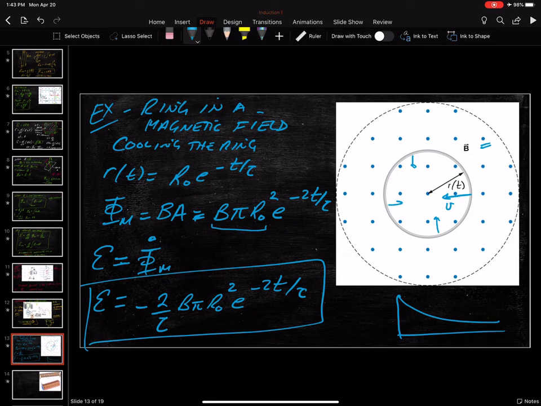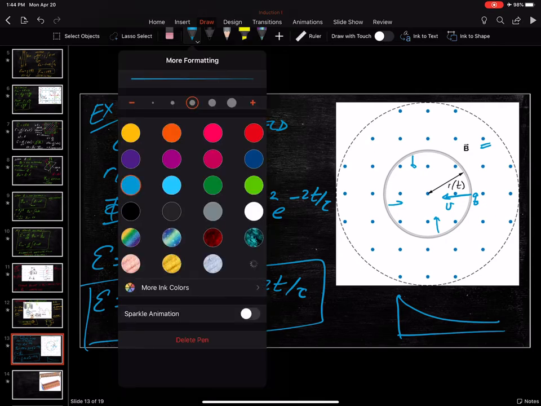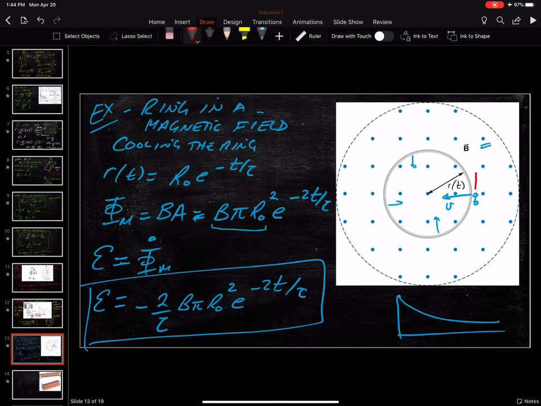So in this case, if you think about the magnetic force on these charges, so there's some little Q there, from the right-hand rule, if V points to the left and B points out of the page, then there's a force up. There's a magnetic force that points up here on this thing.